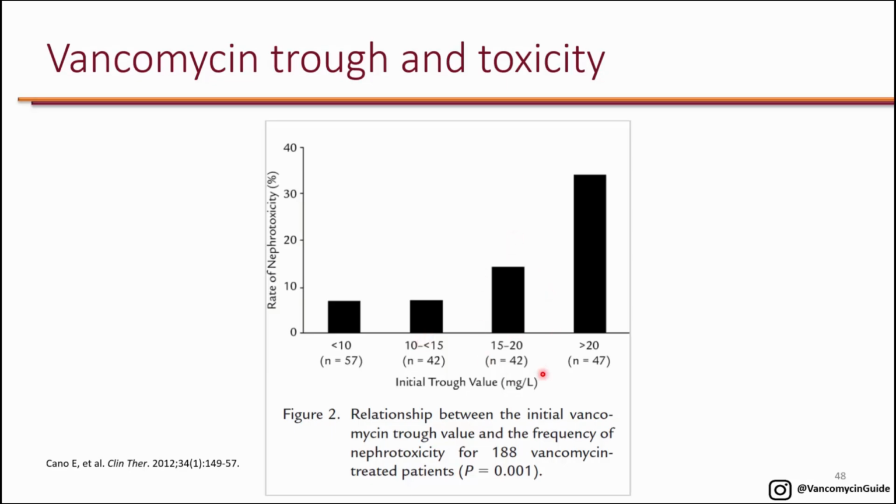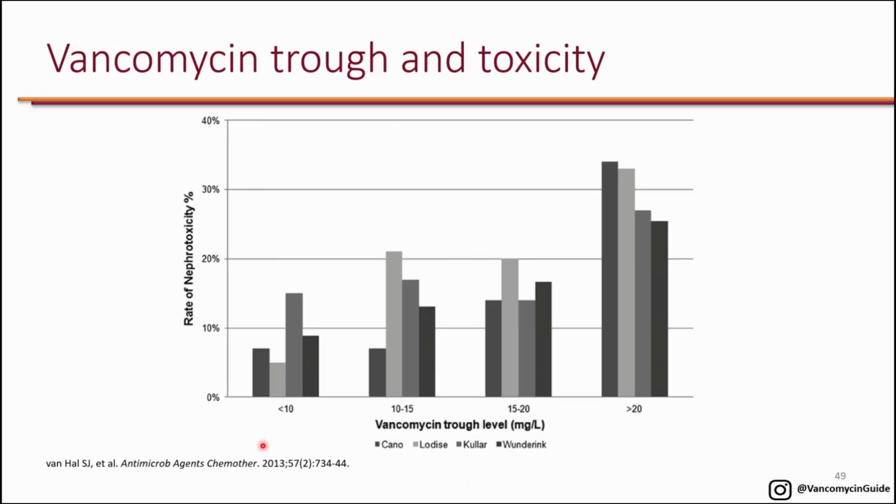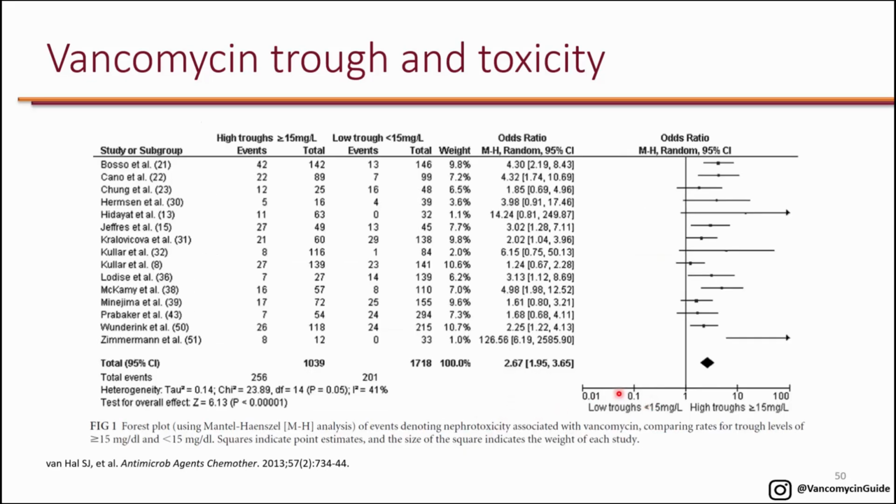targeting 15 to 20. Now, this is a systematic review and meta-analysis from multiple studies, and they're looking again at the same groups: trough less than 10, 10 to 15, 15 to 20, and greater than 20. In the meta-analysis specifically, they compared a trough of 15 or higher versus anything less than 15 to see if it makes a difference. These are all the different studies that they added to this meta-analysis.